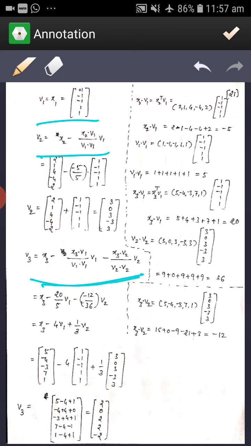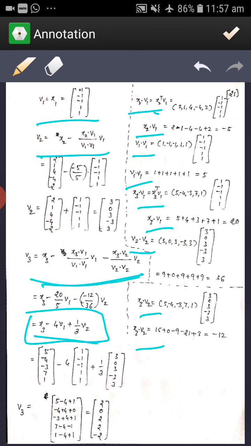The individual components can be calculated like this. The first one is straightforward. So here v3 equals x3 minus 4 v1 plus 1 by 3 v2.